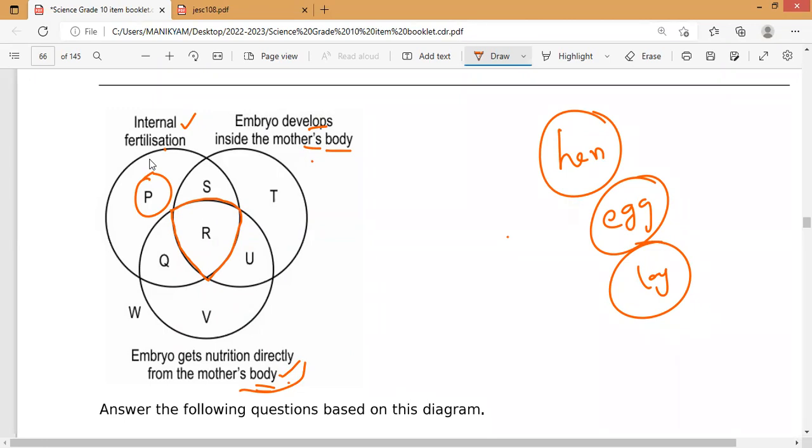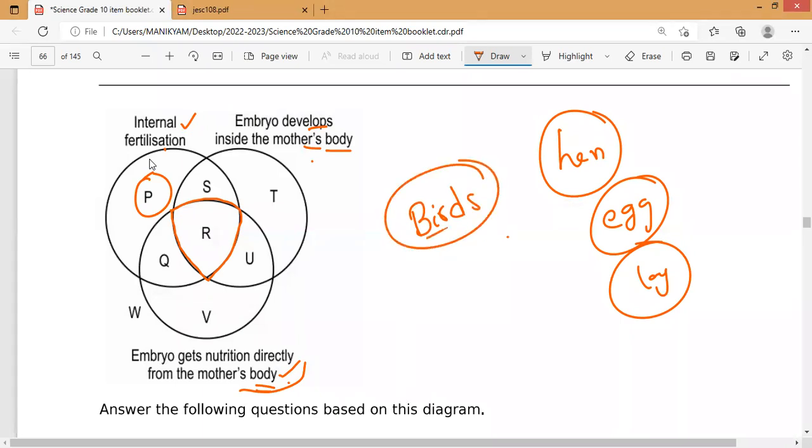So what is the correct answer, everybody? You can take all the kinds of creatures that have internal fertilization and also lay eggs. What is the example we can say? Most of the birds, yes or no?